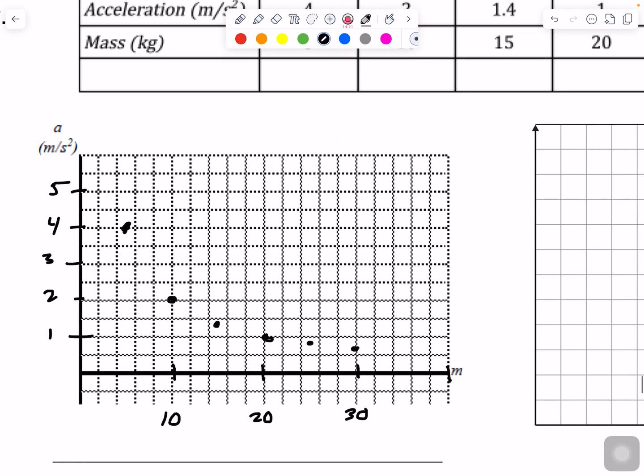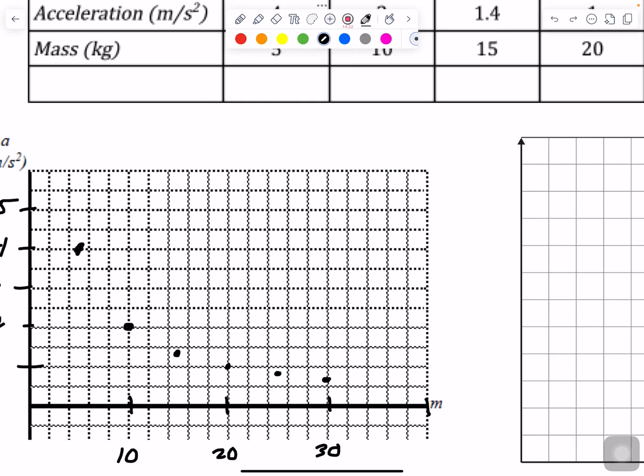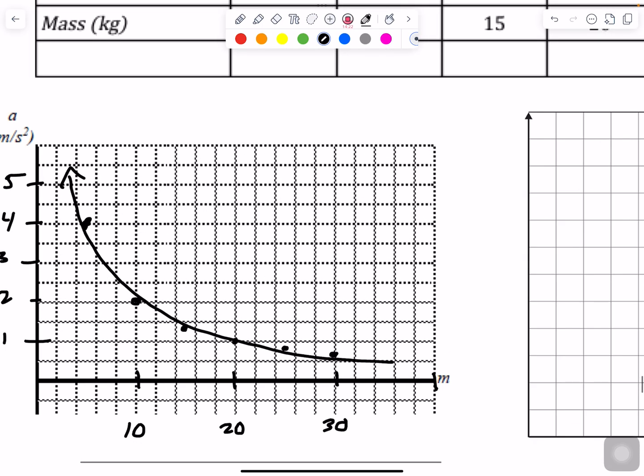So there's our model. There's our function. Okay, draw a curve through that. And that is, of course, an inverse function. This is your typical 1 over x function.